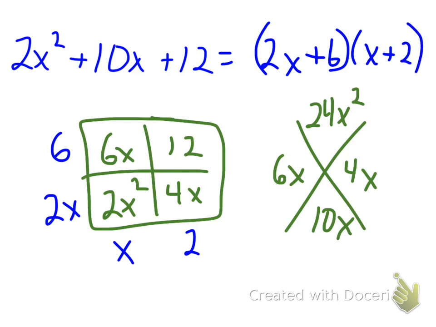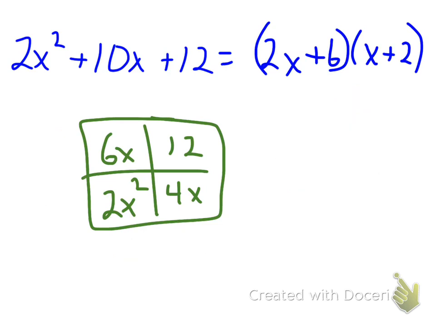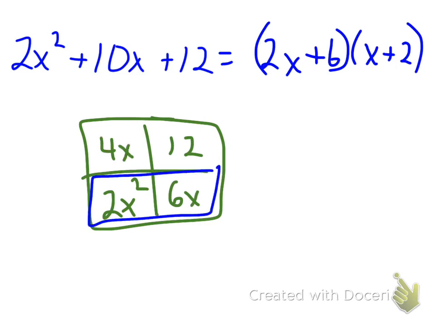Here's where the problem comes in. Let's say, for instance, if I do the exact same things I just did, however, instead of the 4x being there and the 6x being in that box, I would switch those up. And if I follow the exact same procedure, I now get 2x right here, x on the bottom.